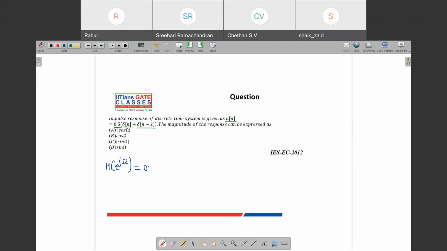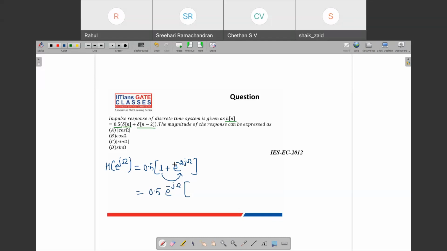Now for 0.5 delta n, the Fourier transform will be 1. For delta n minus 2, the Fourier transform will be e to the power minus 2j omega. Now whenever you see this kind of thing, 1 plus something, take the thing common. Here I am going to take e to the power minus j omega common.